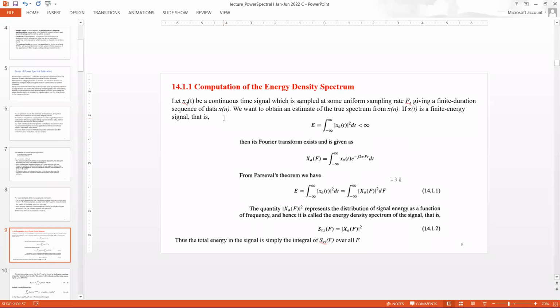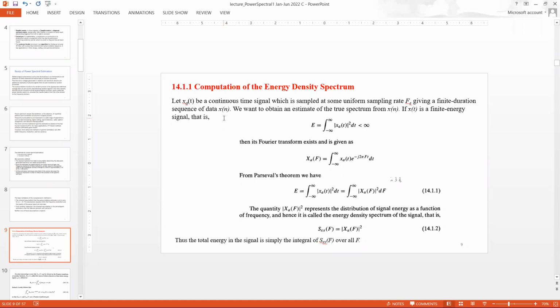Now if you want to estimate the power spectrum of x(n), we can do it easily by using the concept of a finite energy signal, using this equation: E equal to the integration of xa(t) squared. If we go to the Fourier transform of xa(t), then we get Xa(f).